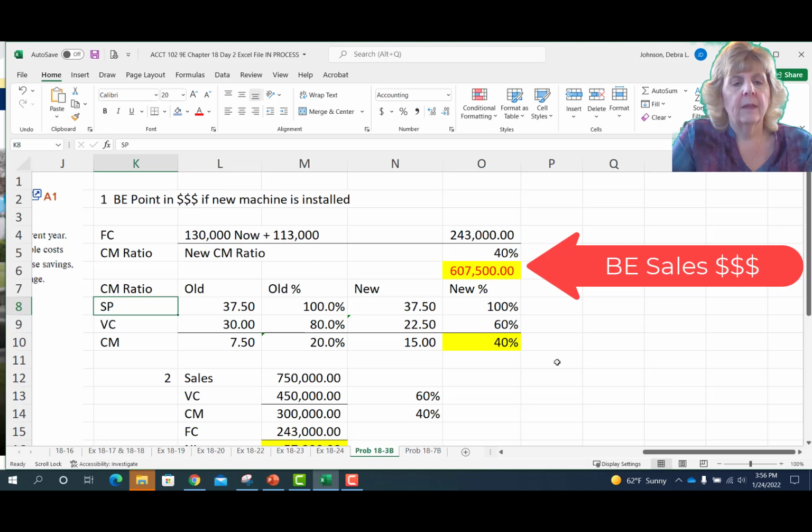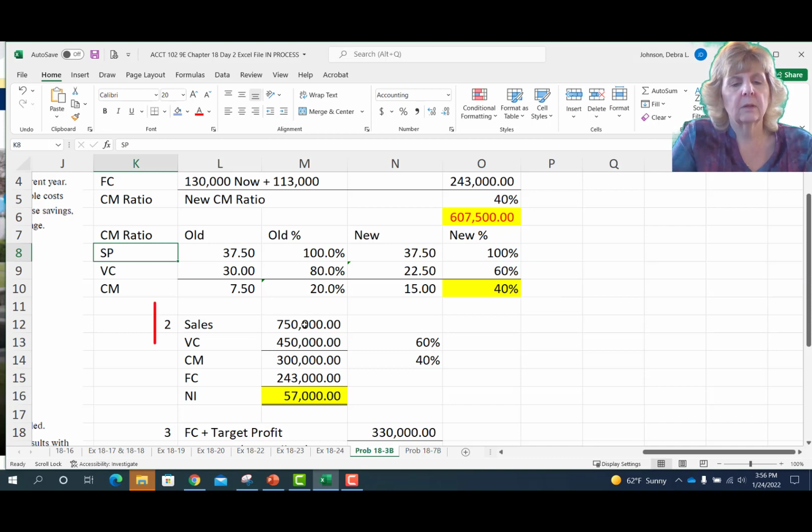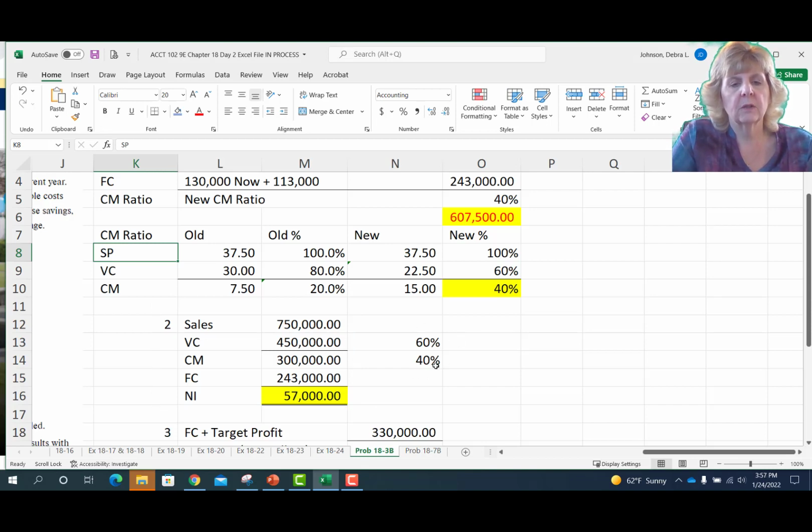$607,500. The contribution margin income statement at a $750,000 level of sales results in a net income of $57,000. You can compare that to the old net income. How we got that was by using the percentages here.